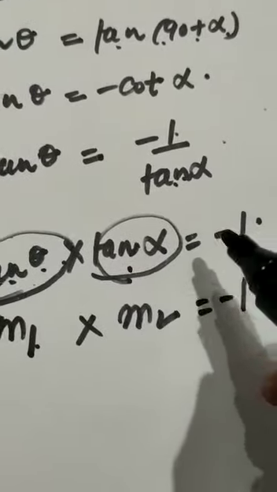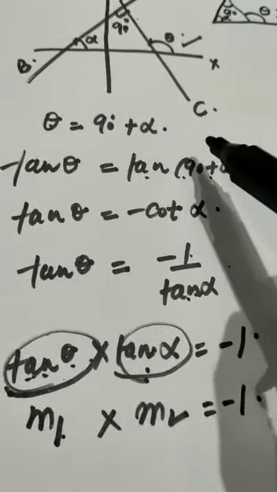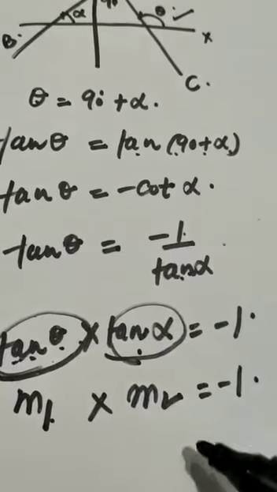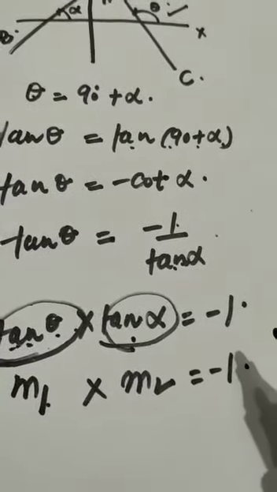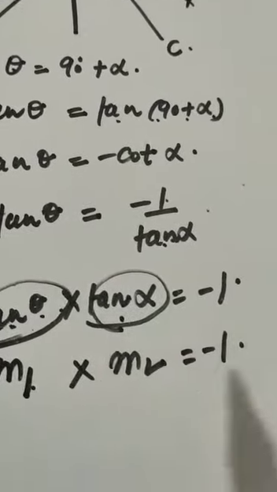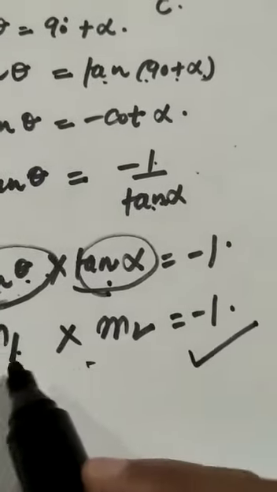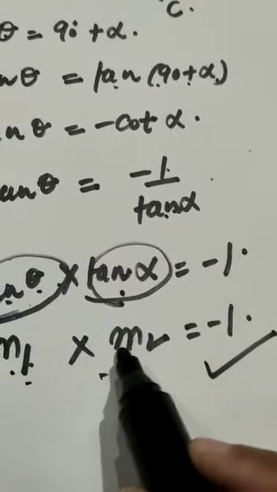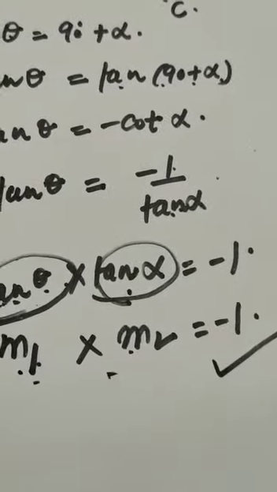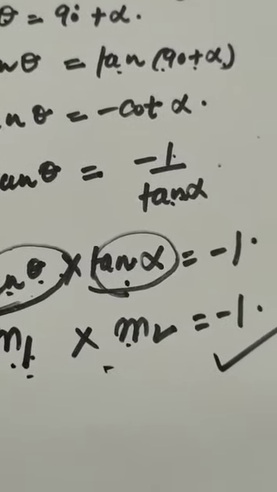It means if any two lines we have given are perpendicular to each other, the product of their slopes is equals to minus 1. And if the product of the slopes is minus 1, it means lines are mutually perpendicular, right?